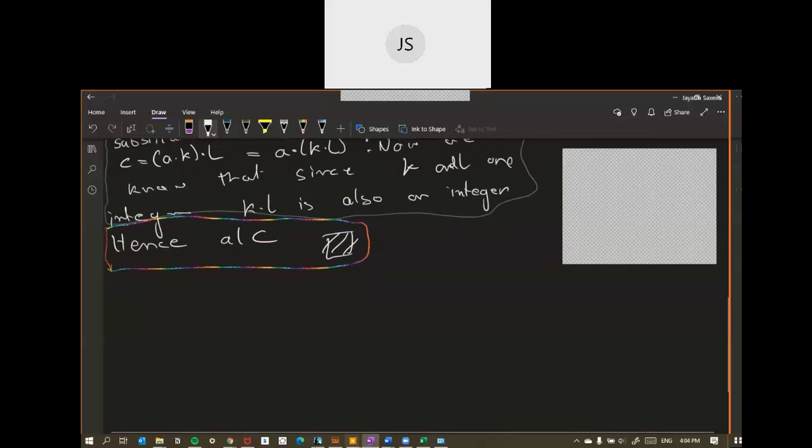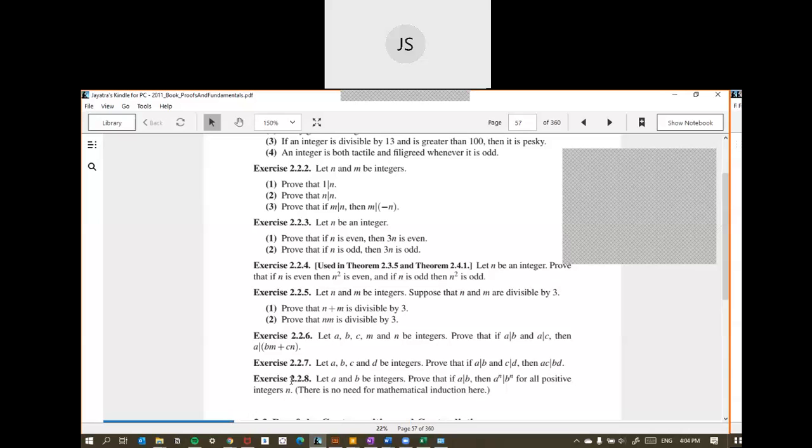By the way, guys, from this exercise section, are there any problems that you would want me to do? If there is such a problem, I would do that first and move on to the next part, because I'm only doing one exercise from this section. Anyone? Anything?